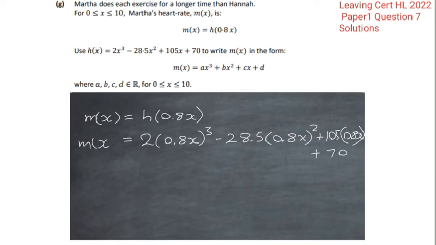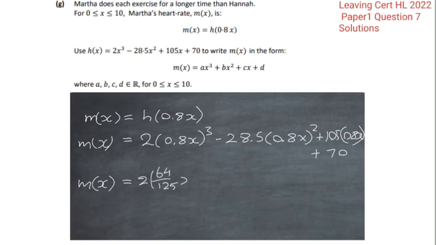So we can write our final m of x as 0.8 cubed is 64 over 125.